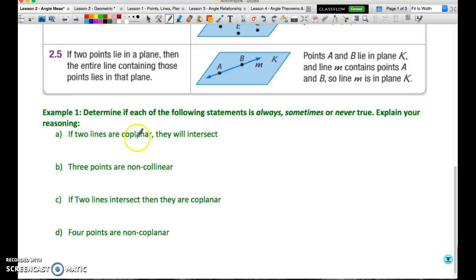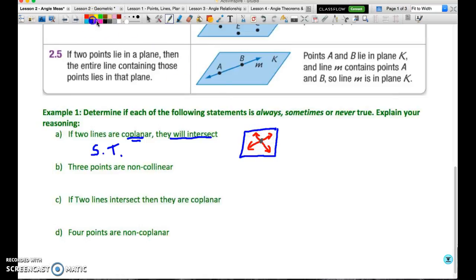So if 2 lines are coplanar, that means they share the same plane, they will intersect. That is going to be a sometimes true statement. The reason is, I'm going to draw a representation here of a plane. That plane is going to contain 2 lines, and the 2 lines in this particular case show a very clear point of intersection.